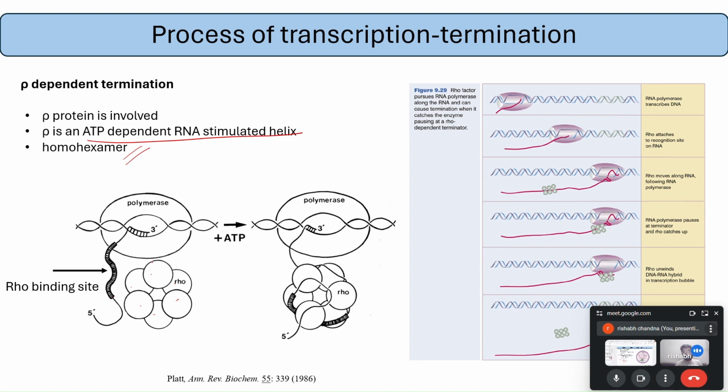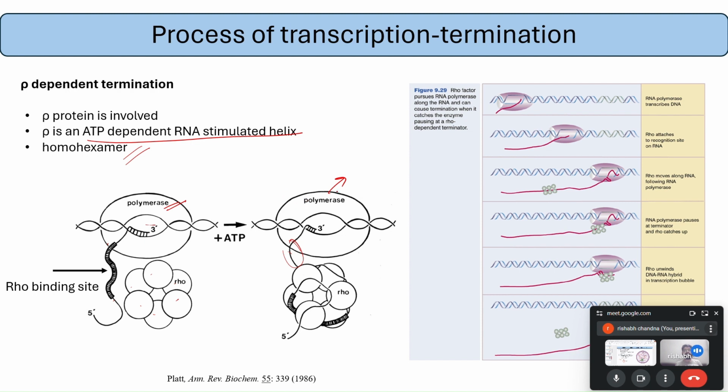Using ATP, it binds to this rho binding site on the RNA and moves along the RNA chain where the polymerase is moving. Using ATP it helps in releasing this RNA molecule by winding it up upon itself so that it can snatch it from the DNA, and after that the polymerase is released.